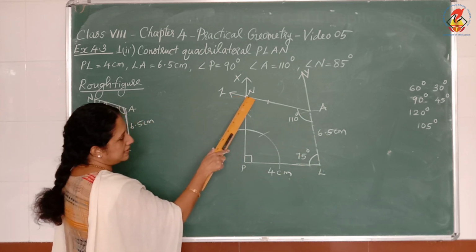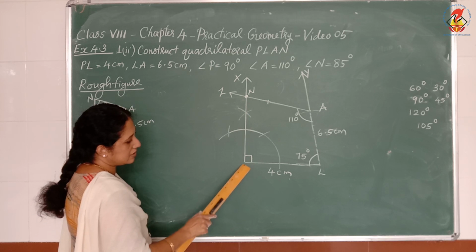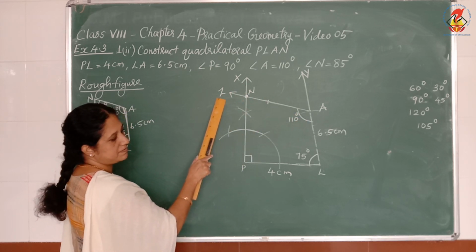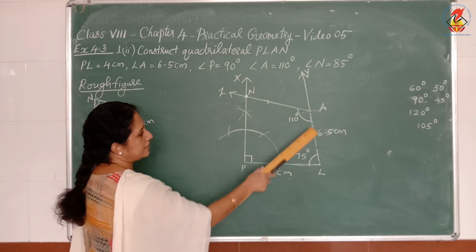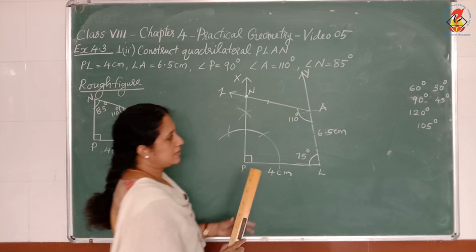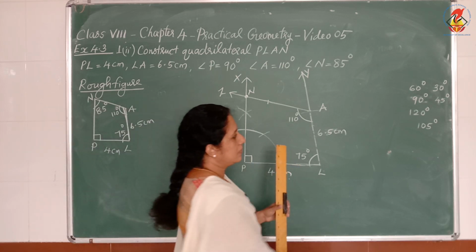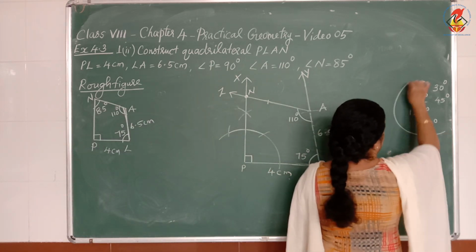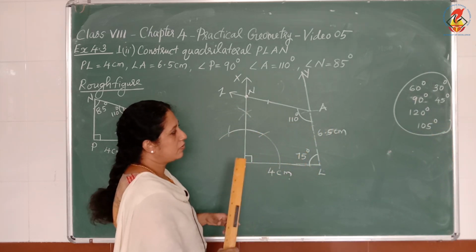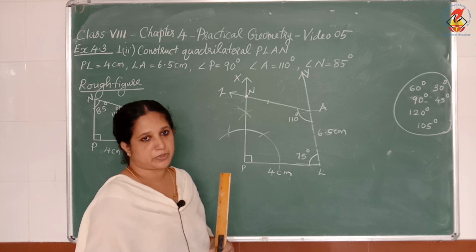Then next step, let N be the point of intersection of the rays PX and AZ. Then PLAN is the required quadrilateral. So children, you remember only these angles you can construct with your compasses, and all other angles you can use your protractor.